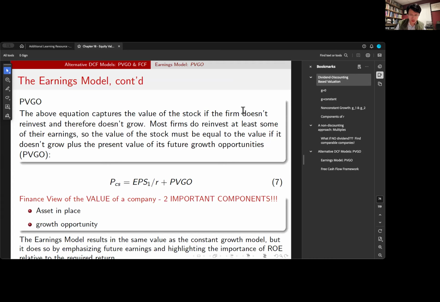This idea is extremely important. So whenever we evaluate a company or an asset, you can always decompose them into asset in place and a growth opportunity or growth option. As I mentioned one time in class, you can think of a company to be a collection of profitable investment ideas. And those investment ideas are the drivers of future growth.